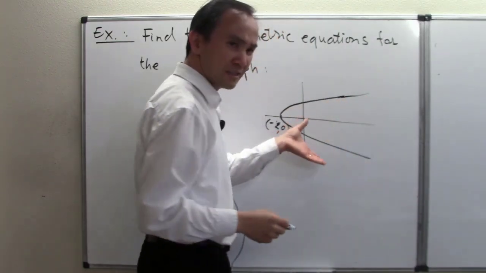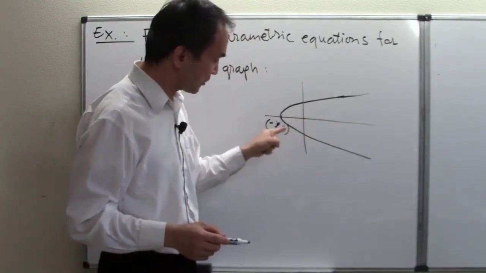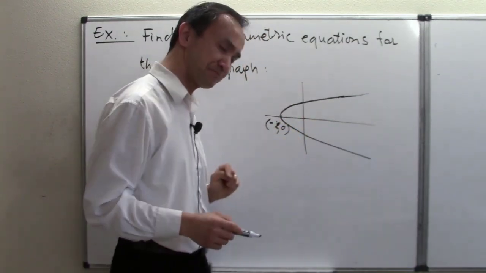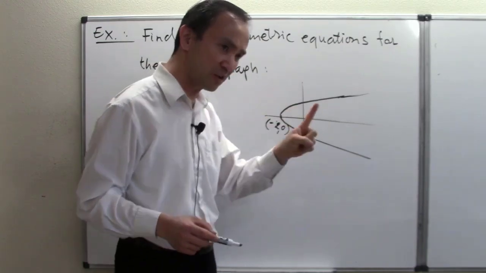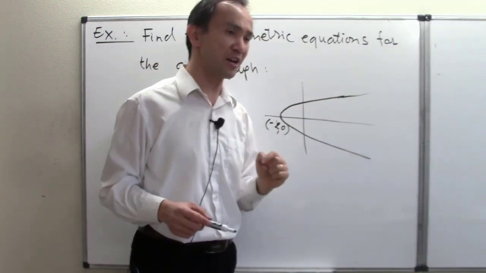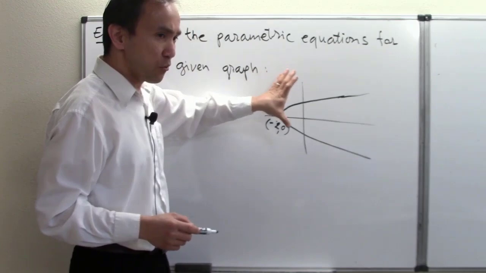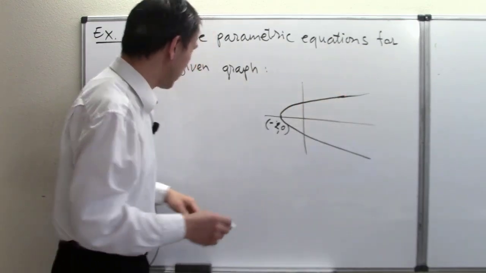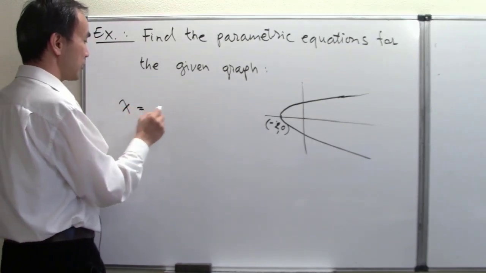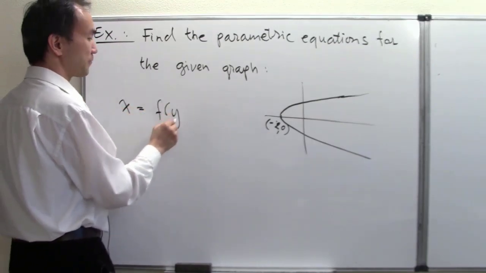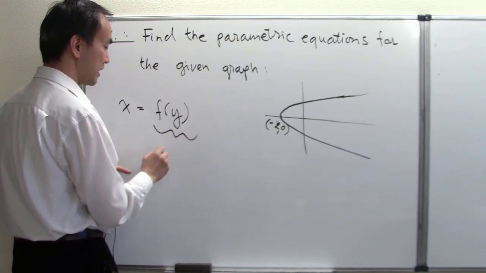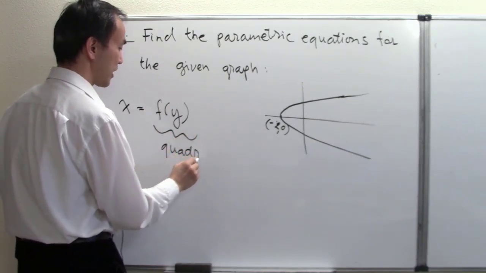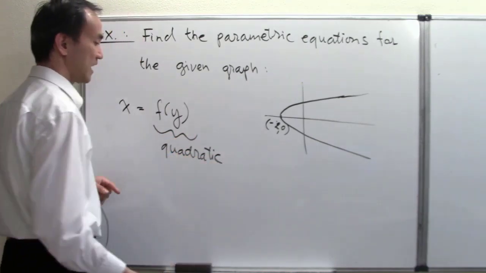Now, what caught my attention is the graph here is a parabola, a sideways parabola. A parabola has to go with something quadratic.